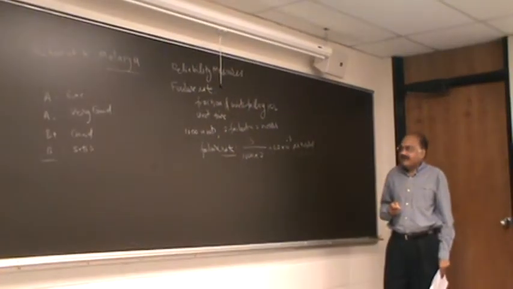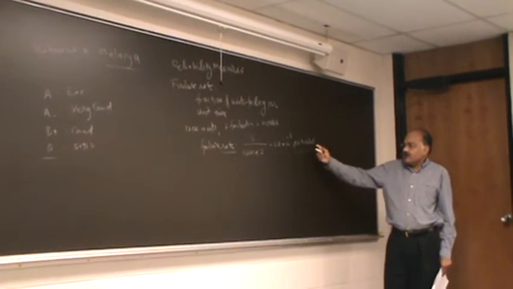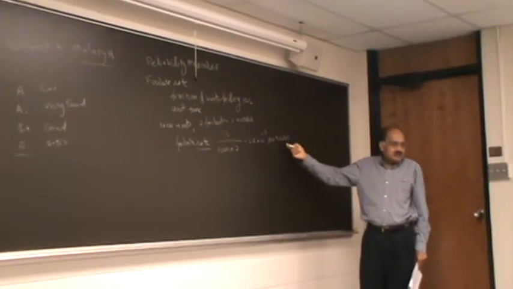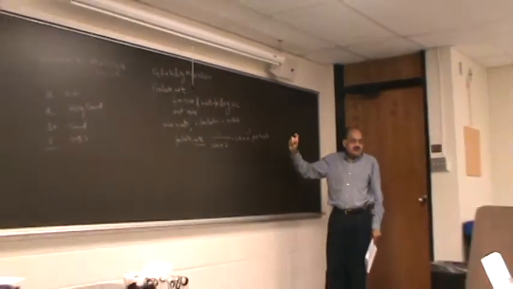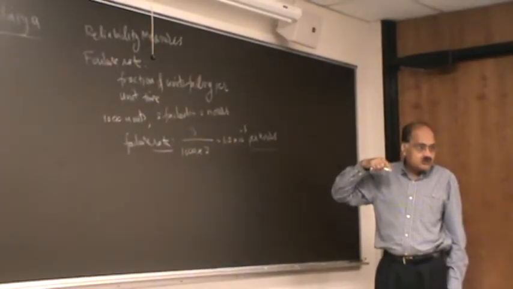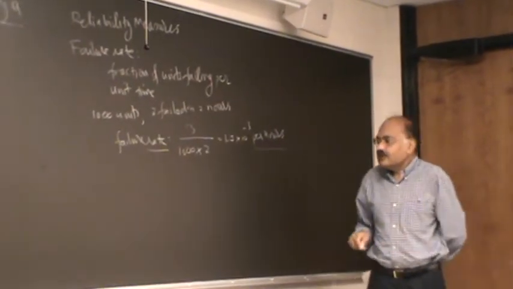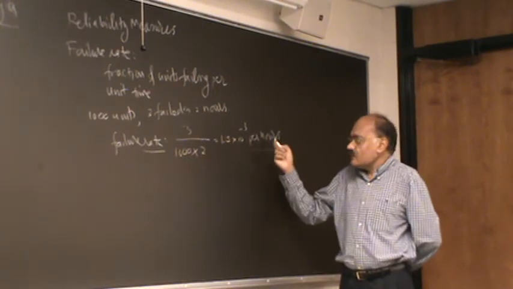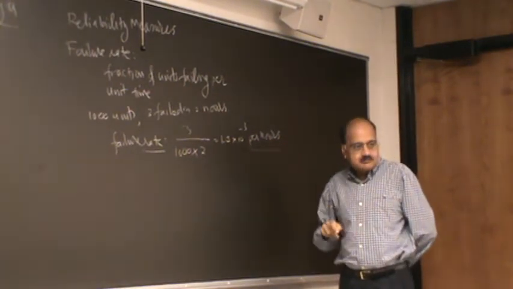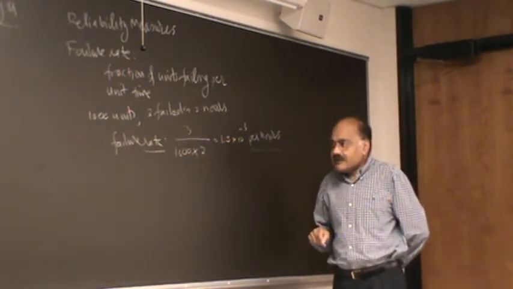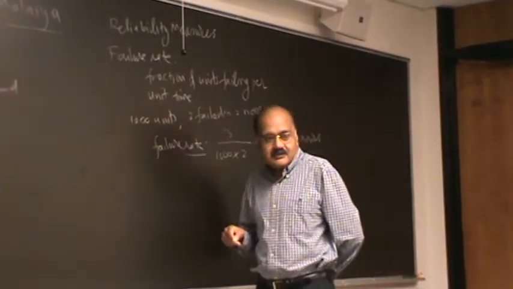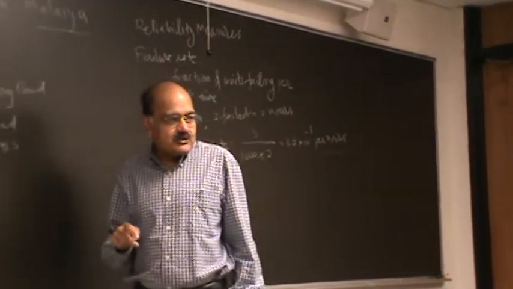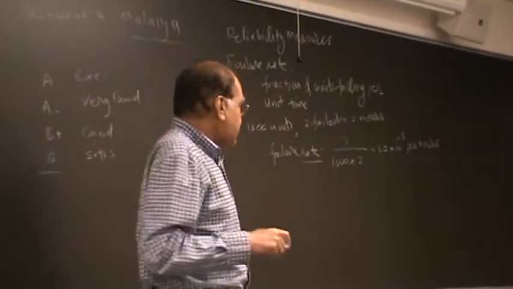And you have to be careful about which unit of time is being used. In this case we are using hours, so this comes out in hours. Sometimes the rate may be calculated in seconds or some other units of time.